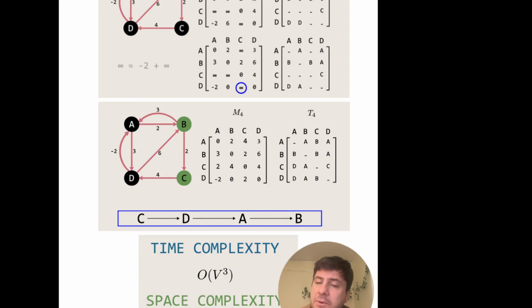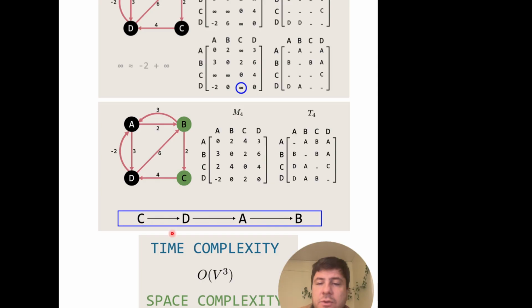The highlighted entry shows a place where the cost just improved because going through the current waypoint beat the older value. Using the updated helper table, we can now read an actual route from point C to point B, as shown at the bottom of the slide.